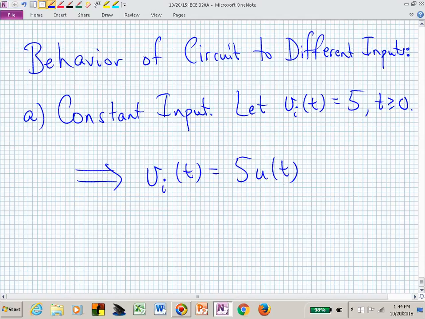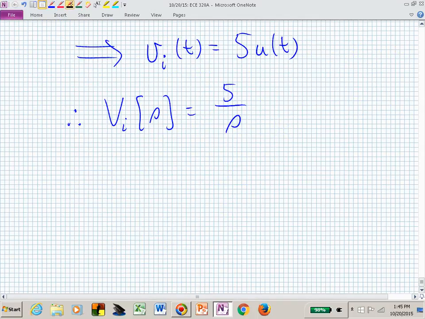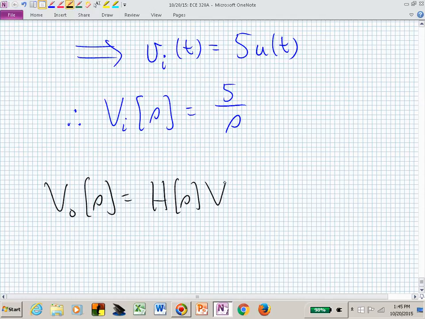And now do you see what capital V sub I of S equals? 5 over S. Now we know what our V naught expression is. That's now this H of S times V sub I of S. For this particular V sub I, it's 10 over S plus 10, times 5 over S.